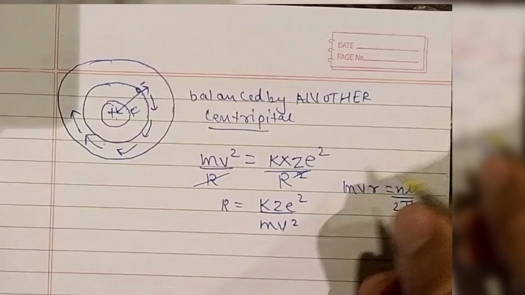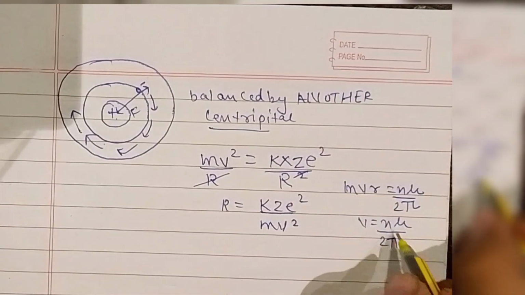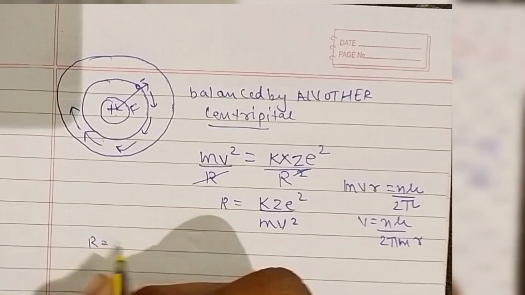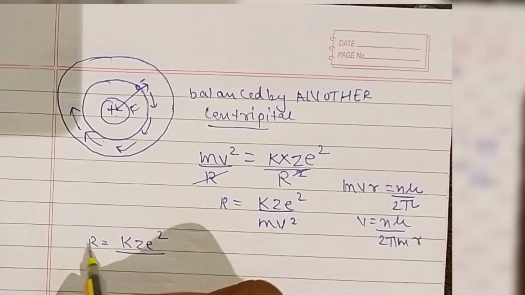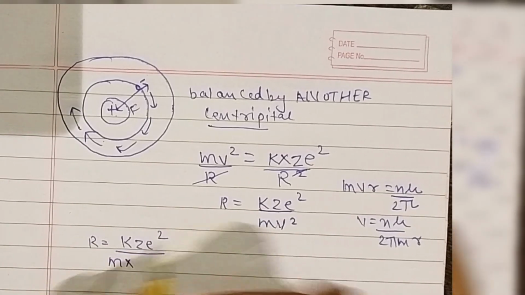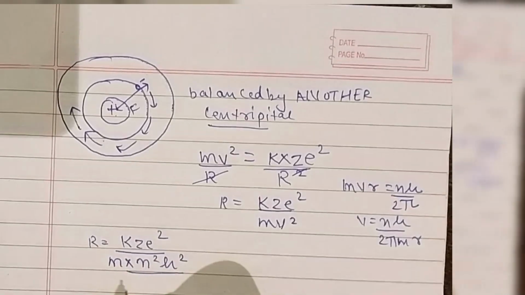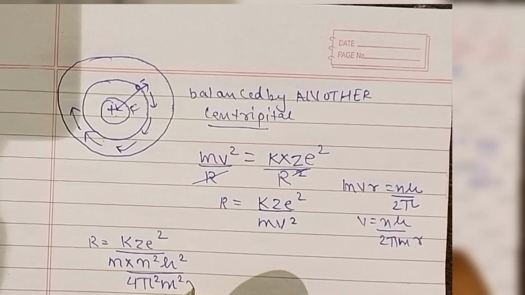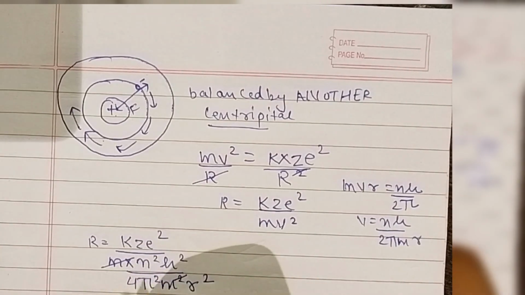So v is equal to nh upon 2 pi m r. Sorry, so r should be equal to k Z e square upon m into n square h square upon 4 pi square m square r. Cancel out.